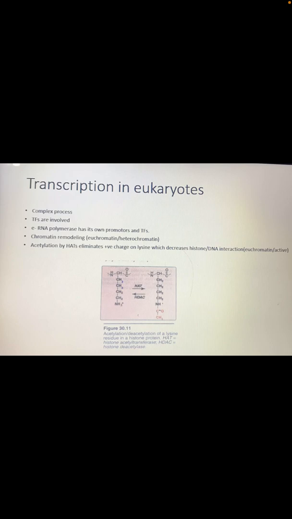What basically happens is that, as histone acetyltransferases are enzymes, they must have proteins in them, and these positively charged lysine residues cause the binding with the DNA, which decreases the histone and DNA interaction and converts the condensely packed structure of the chromatin into euchromatin, which now becomes active for the process of transcription to be carried out.